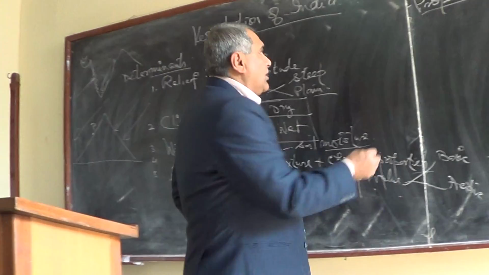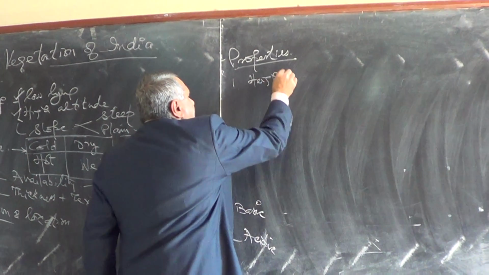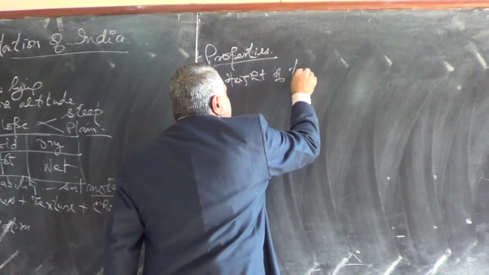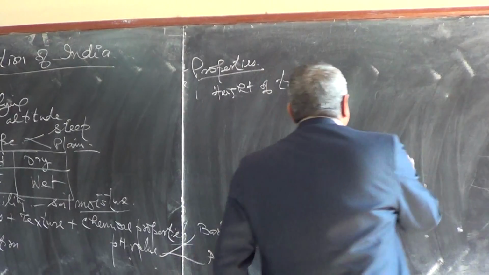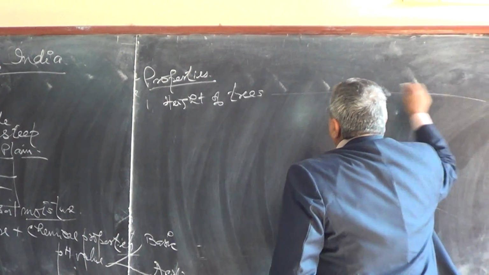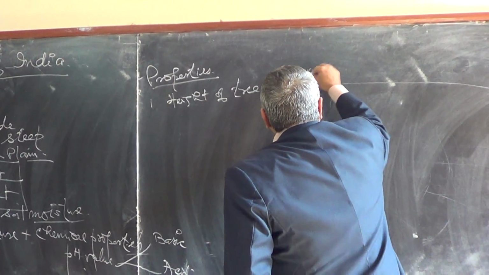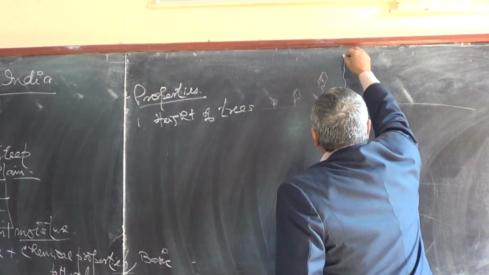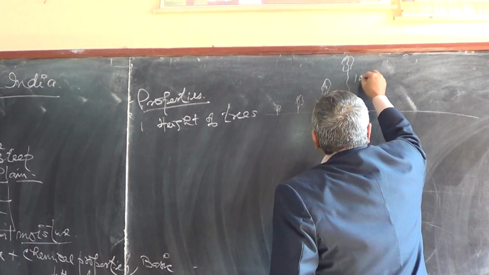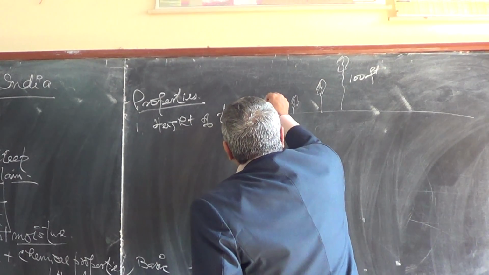So first of all is the height of trees. Trees may be of lesser height, trees may be of greater height, trees may be of 100 feet high. You can say 100 feet, you can say 10 feet.